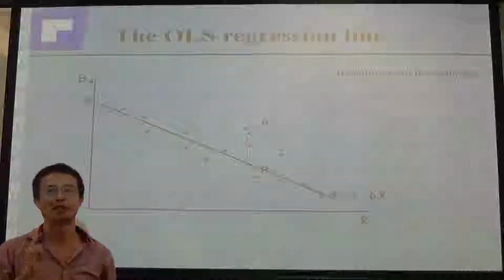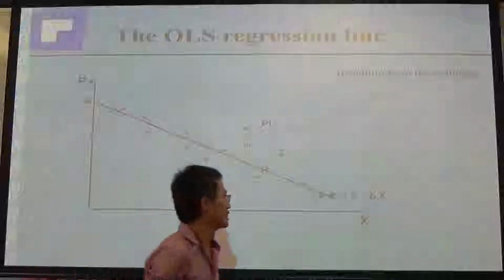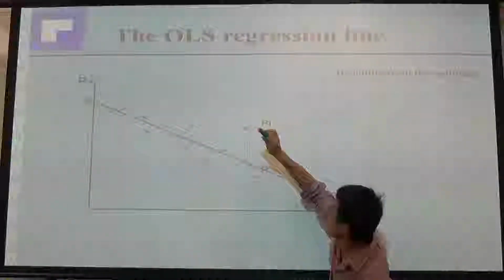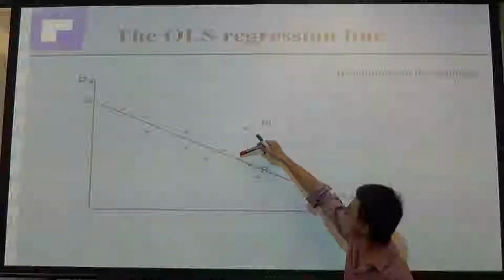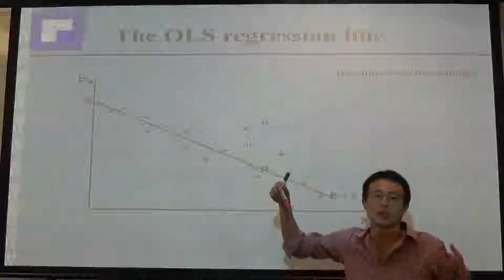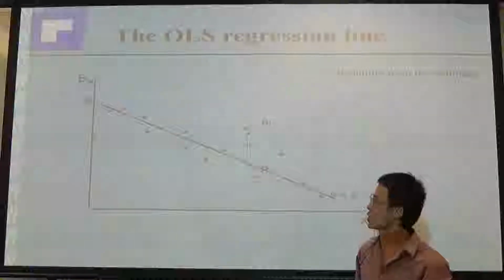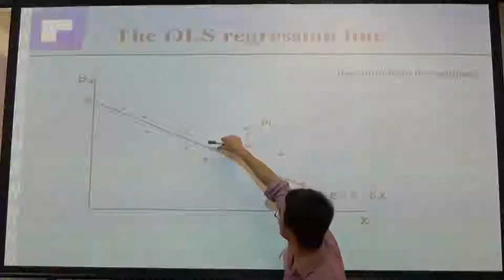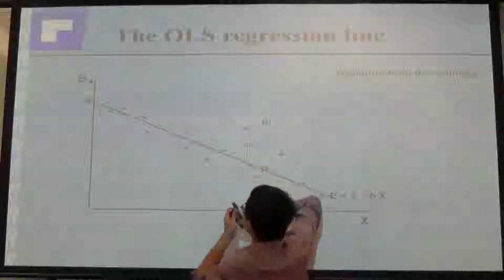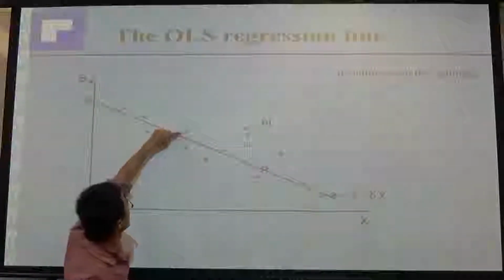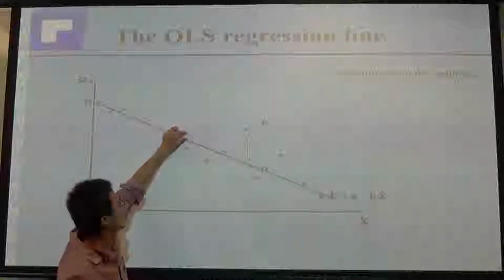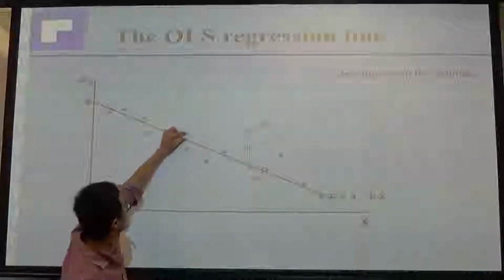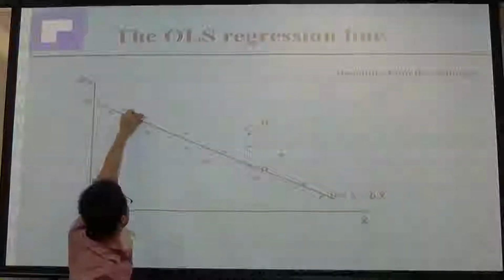What way is the best way? Certainly, no matter how we put the line into the picture here, we could not let this line pass through all the data points altogether. So there's always an error. For example, I put the line here, and this data point is not on the line, so there's an error here. This error is positive. This error is positive.